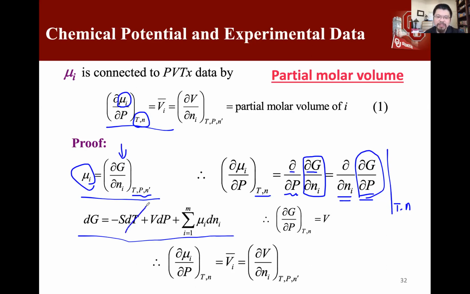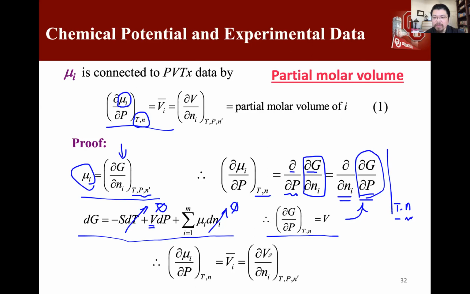So dT would be 0 because of fixed temperature. Compositions are fixed, so dn i would be 0. Therefore, dG over dP would be basically nothing but volume. So now this term is volume.